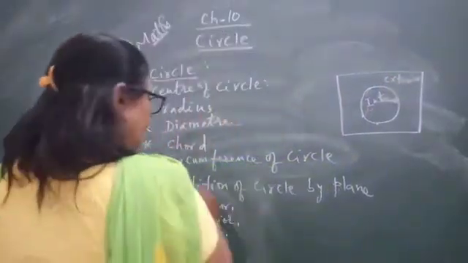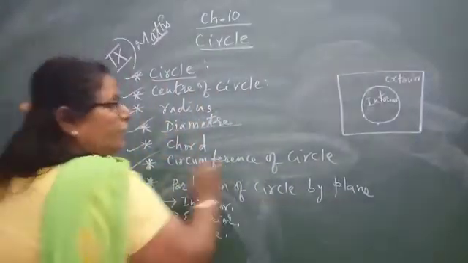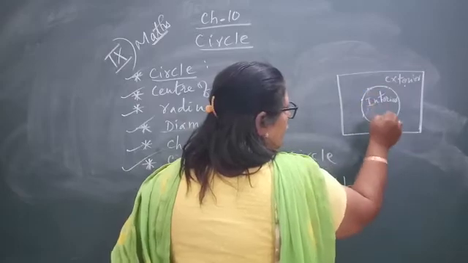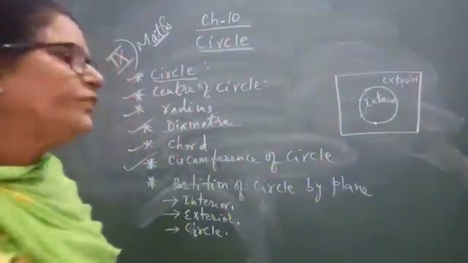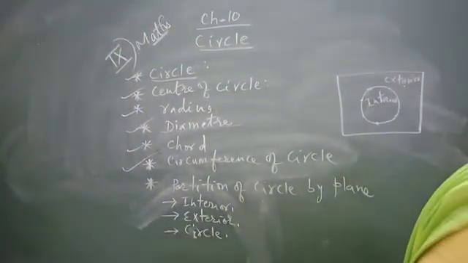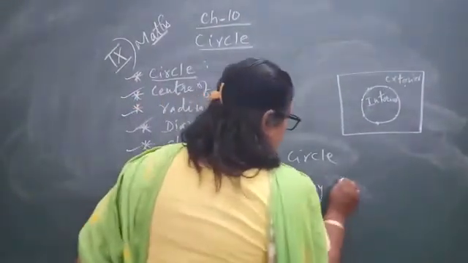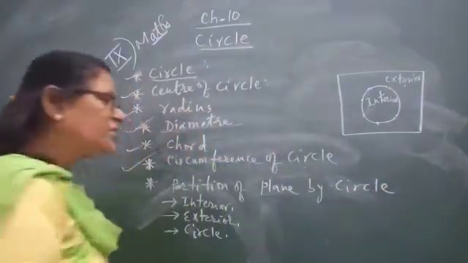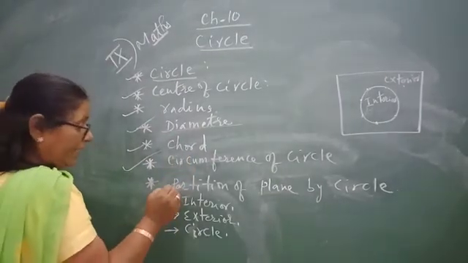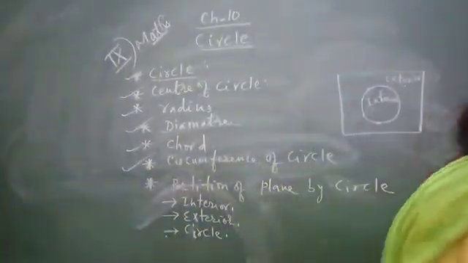So here is the partition of the plane by the circle: this is the interior of the circle, this is the exterior of the circle, and the points that lie on the circle are the circle itself. So in short we can say that the partition of the plane by a circle means the plane is divided into three parts: exterior of the circle, interior of the circle, and the circle itself.